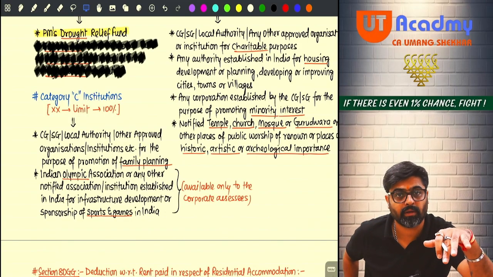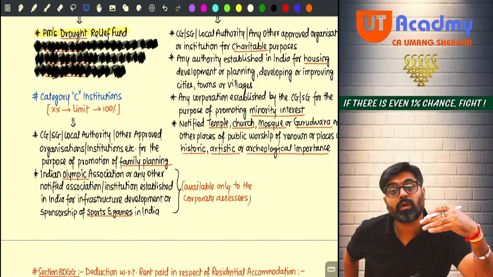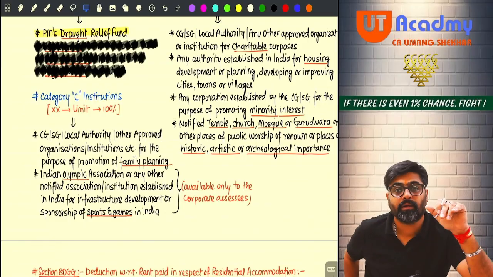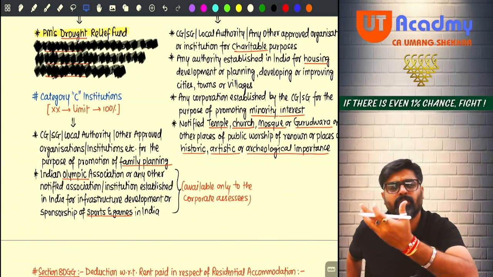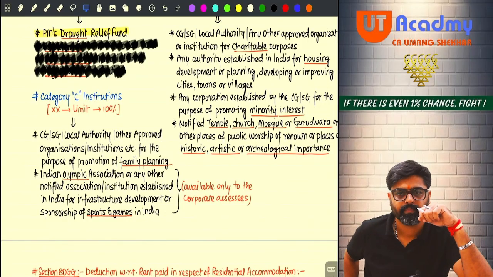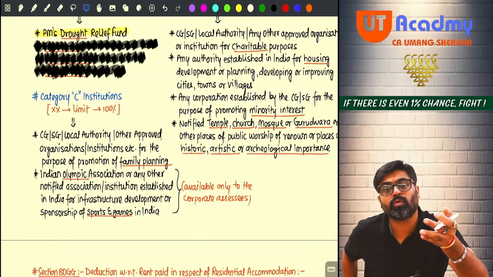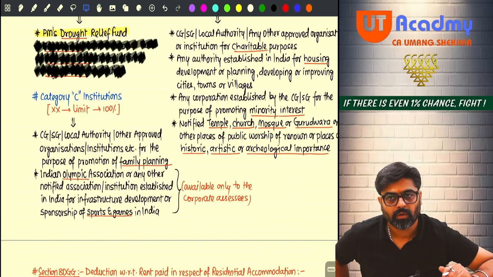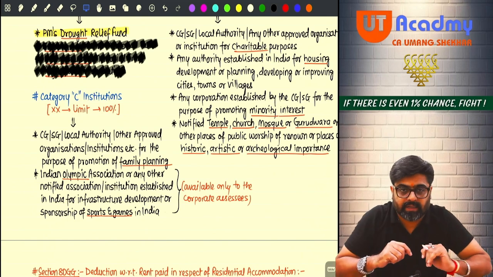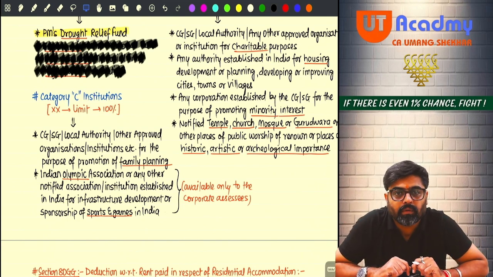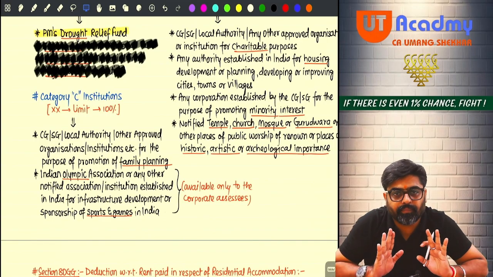Muslims are also a minority in India. So to promote the interest of the minority, there are certain corporations and institutions which are created. So if you donate to those institutions also, which promote minority interest, yes or no, then that will qualify for deduction under 80G, category D, yes or no.